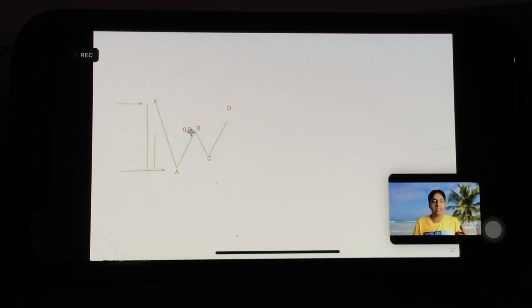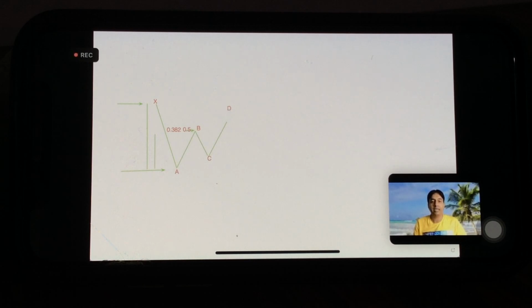So we see it near 0.5, within the range of our 0.04 plus or minus. It can be 0.5 or 0.382. If we get either of these two, then we say that it can probably be a bat pattern.